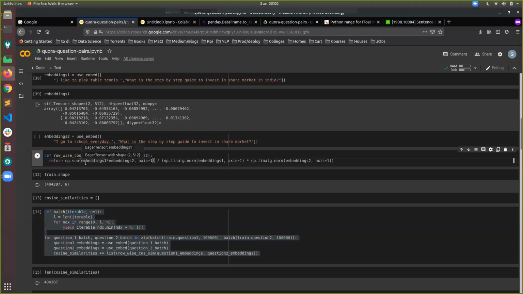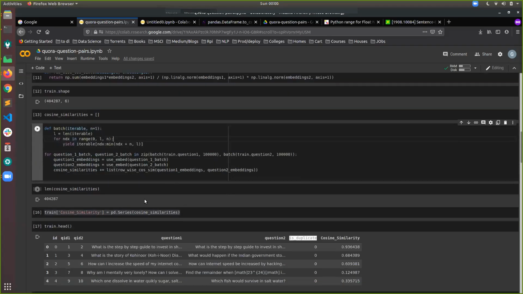This one is the dot product, where I multiply the embeddings and take a sum, divided by the magnitude of the vectors of M1 and M2. So this whole thing is the cosine similarity. Now I can feed in two matrices and I'll get one column of the cosine similarities. That was the purpose of this function.